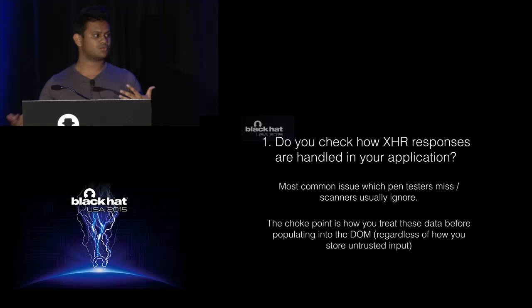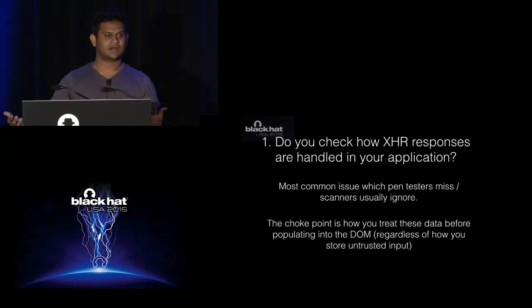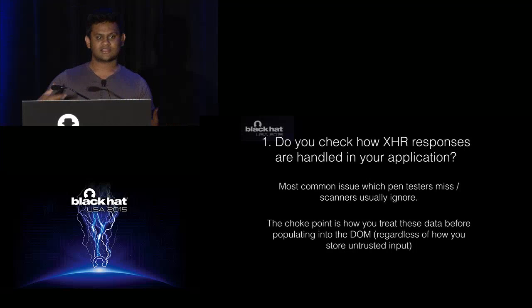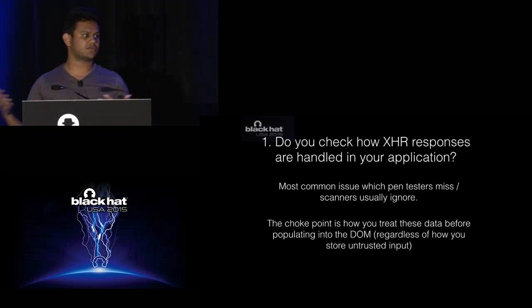I always used to wonder, when a web app is using some API and fetches some JSON content, what's going to happen to this JSON content? Because regardless of what's happening on the server side, they might be doing proper filtering and output encoding.